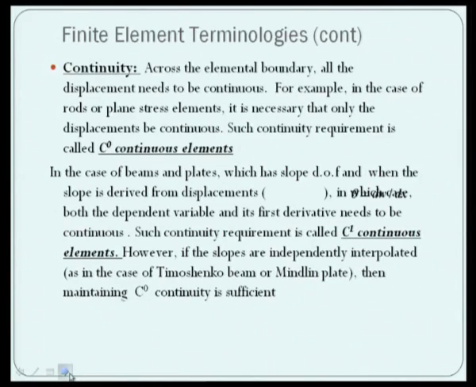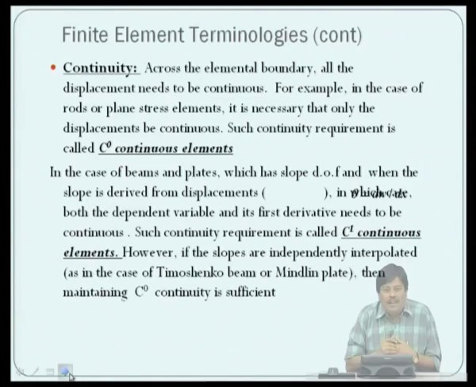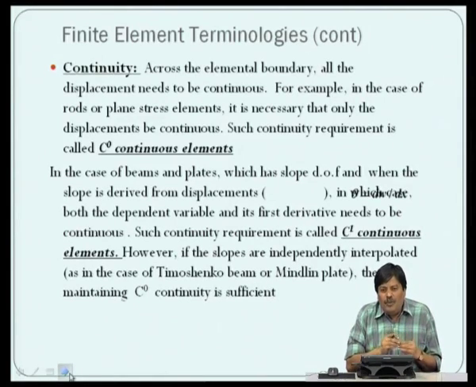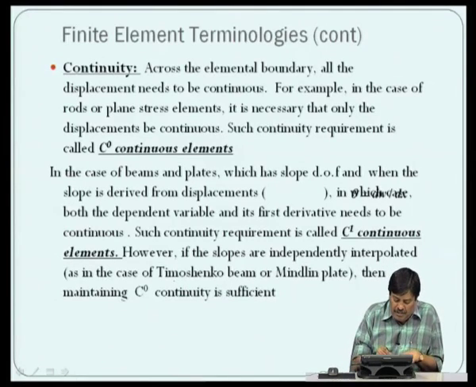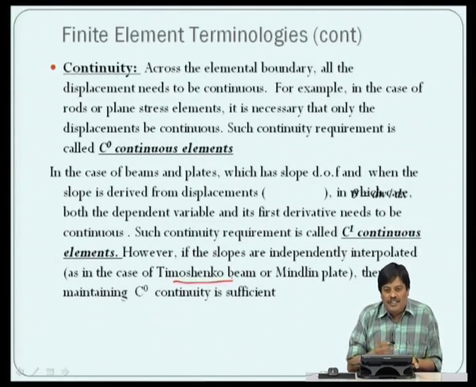It is not easy to satisfy, especially when we go from beam to some other higher elements. So, that is a problem with the beam. In order to avoid this, people introduce what is called shear deformation into the beam formulation, and such a beam theory is called the Timoshenko beam theory. If it is introduced in a plate, it is called the Mindlin plate theory.